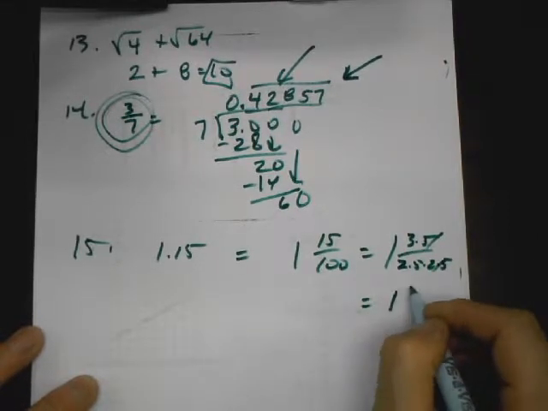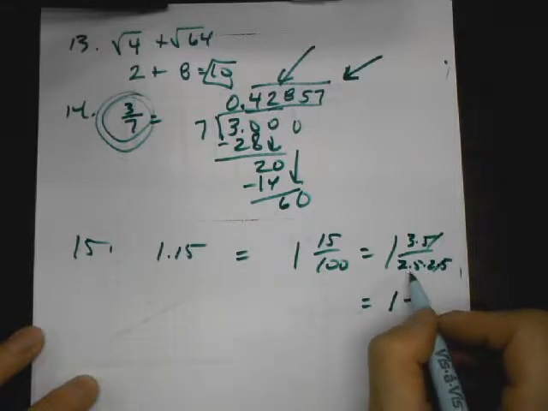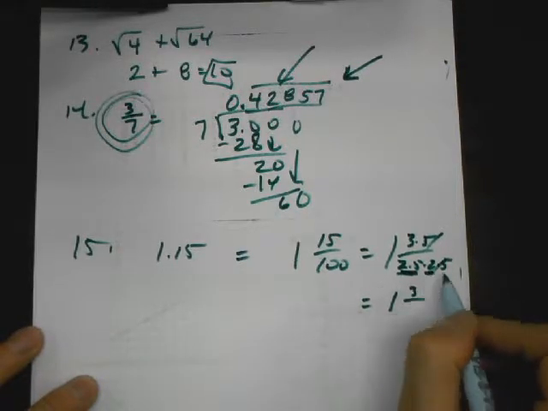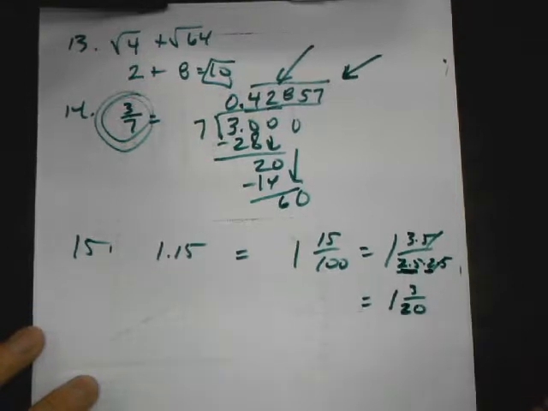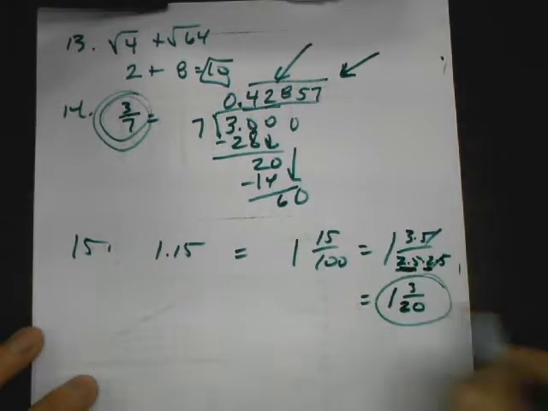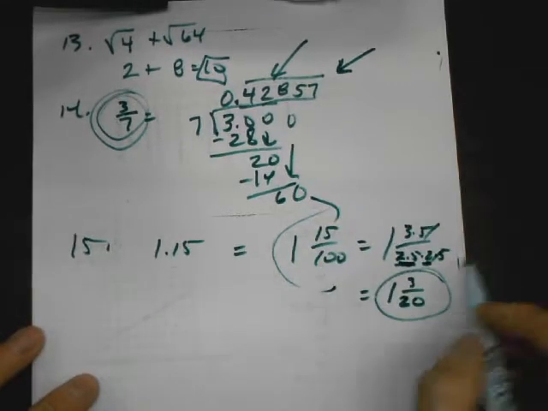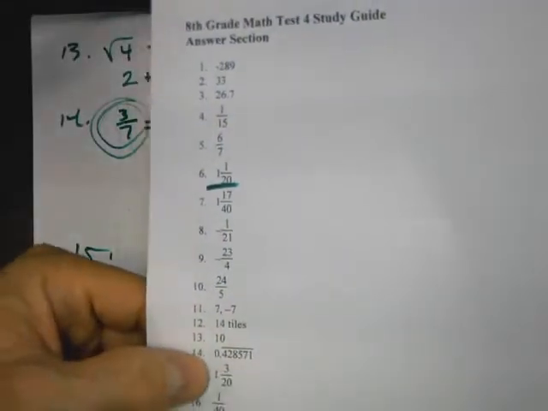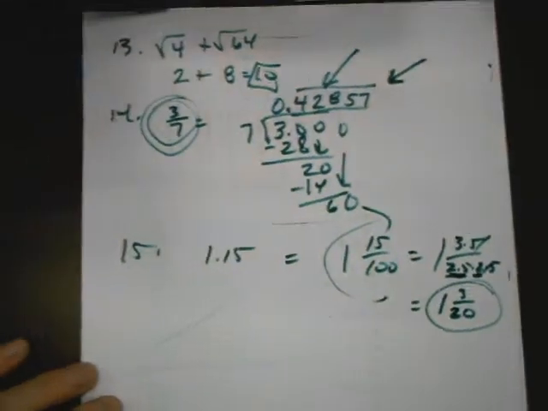Cross out my 5s. I get 1 and 3. Remember, look for your 10s. That's 10 times 2. 10 times 2 is 20. So it's 1 and 3/20. Okay? The only reason I didn't convert this and reduce it that way and write it as an improper fraction is because when I looked at my answers, I know that they had a mixed number there.